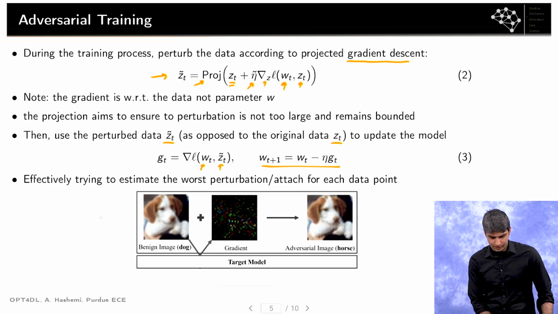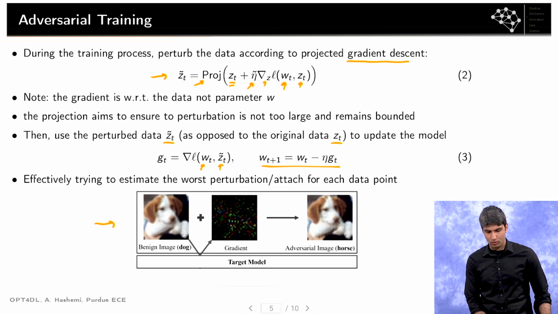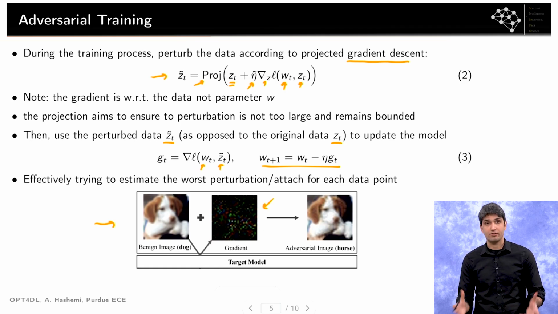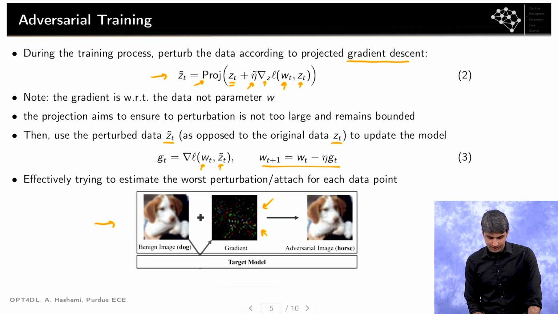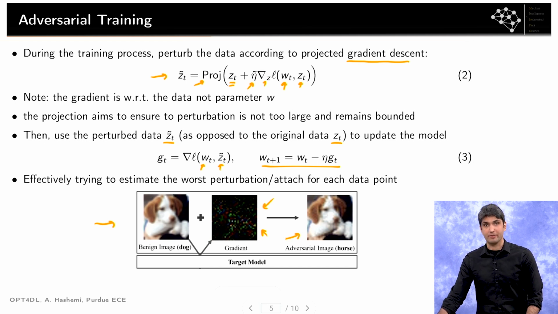Right. And this is basically one way to demonstrate it. So let's say that I have the original image, which is unperturbed. Let's say this is an image of a dog, and then I try to approximate the worst case perturbation by finding the gradient of the loss with respect to the data, and then I combine the two to find this adversarial image.